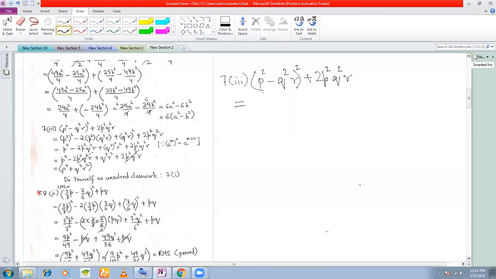So here you have (a − b)², where a is p² and b is q²r. So we expand this. First is a², minus twice a times b, here b is q²r, plus b², (q²r)². And you write the last one as it is.